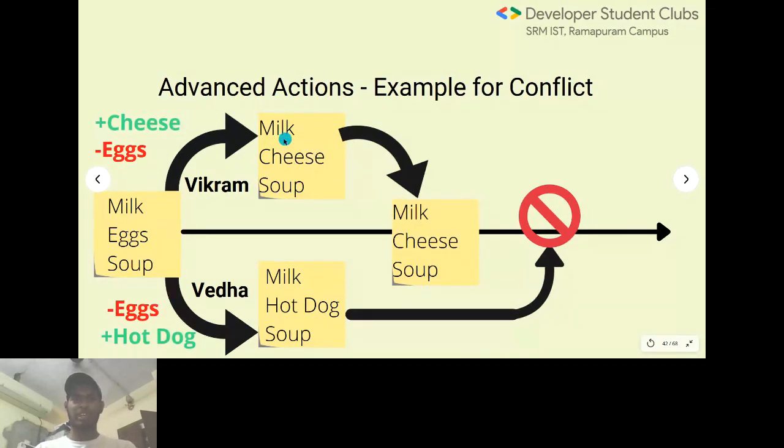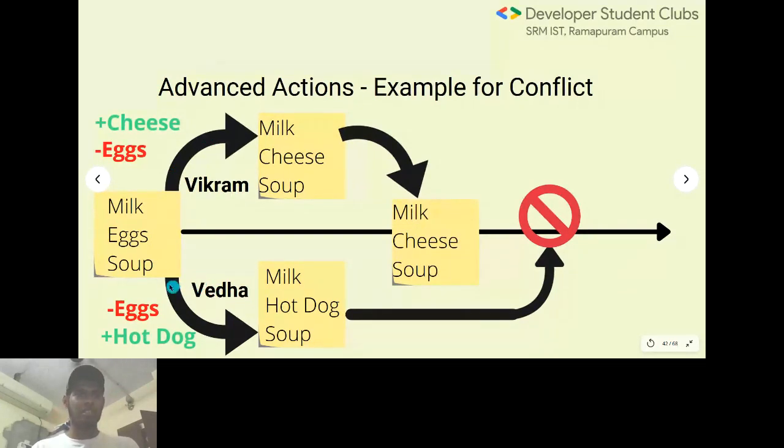So now in this workspace, the list is milk, cheese, soup. After this, he would commit to the main repository, and the main repository accepts the pull request, and the file gets updated from this list to this list.